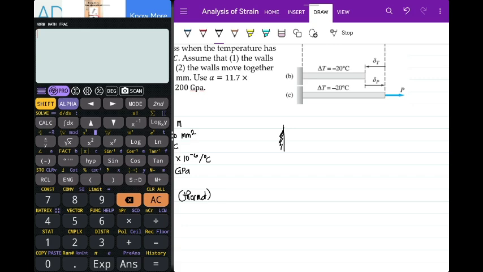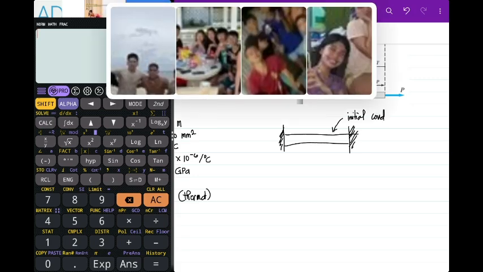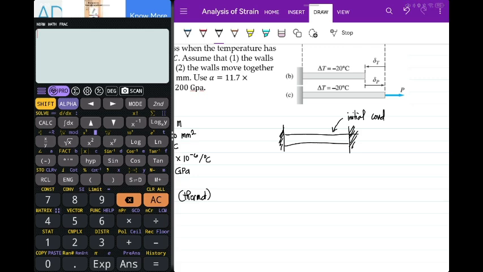So if the material contracts, the thermal elongation there is going to the left, right? Please don't mind the sounds from the calculator. So, let's say that is the initial condition. And then once temperature is decreased, this is what happens.